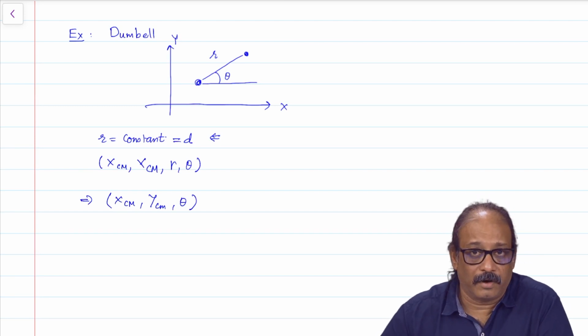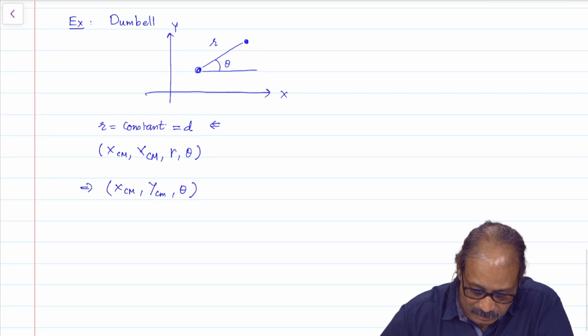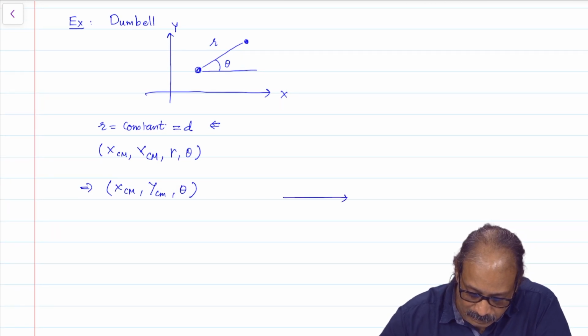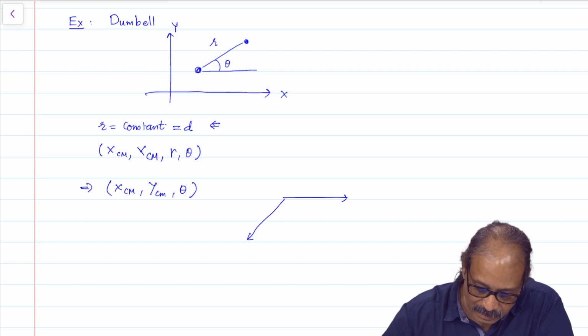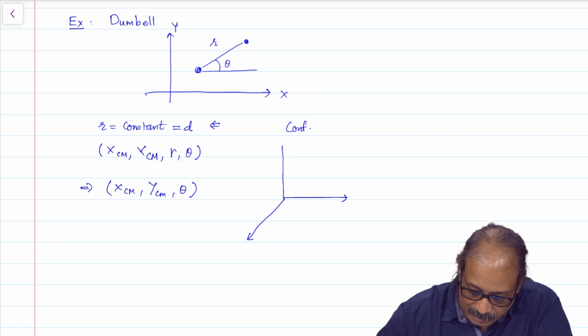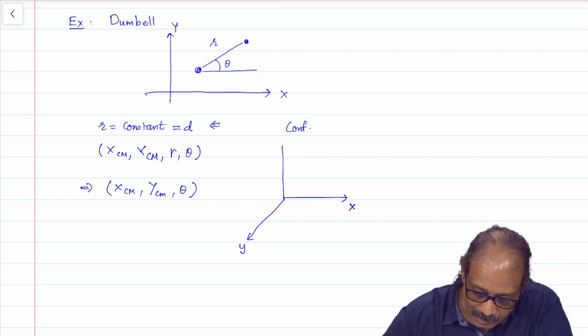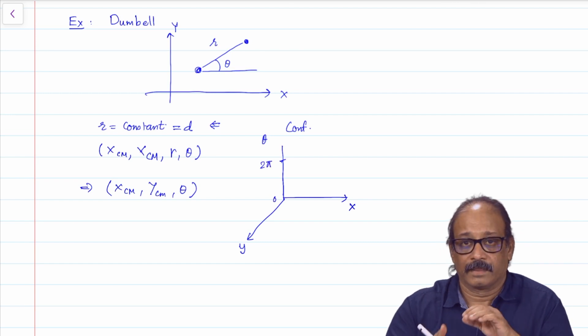And I can of course plot this in 3-dimensional space, where the configuration space here will look like this. I can plot x on one axis, y on the other axis, and then theta I can plot on the third axis. But remember, theta takes values only from 0 to 2 pi.